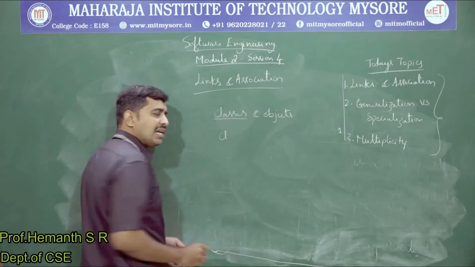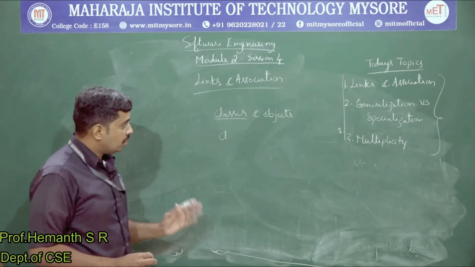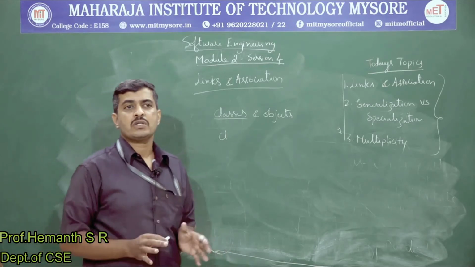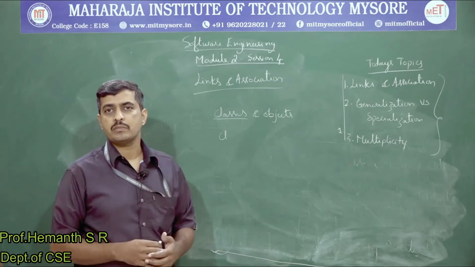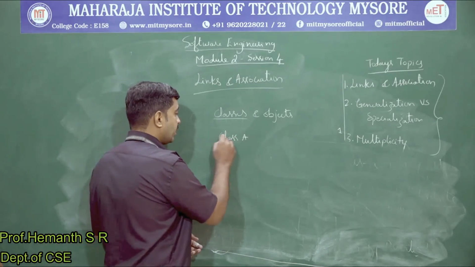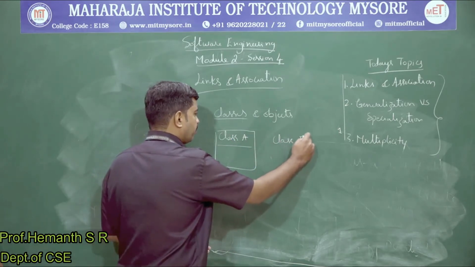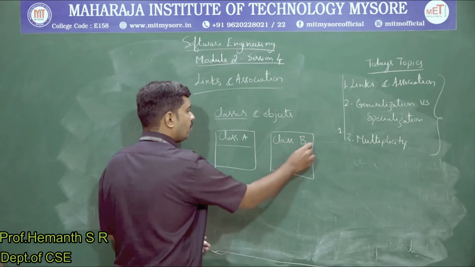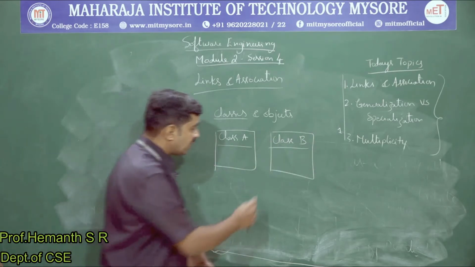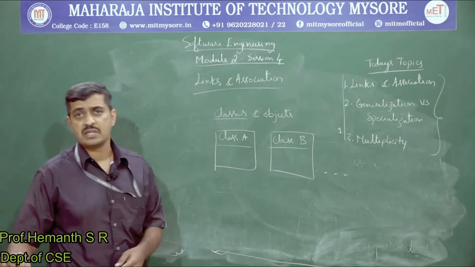It is not like only one class will be there in a specific design. We understood software engineering is dealing with software which is complex, meaning that there will be hundreds of classes. For example, class A, class B. Like this, we can have hundreds of classes as part of a complex design.